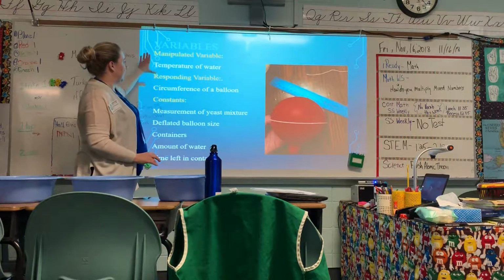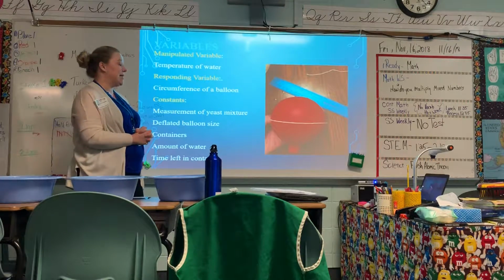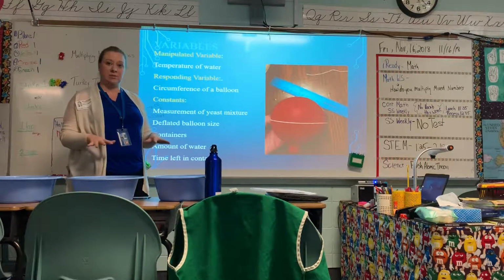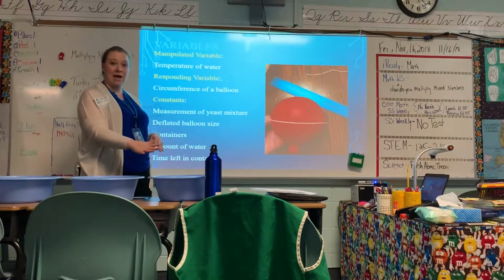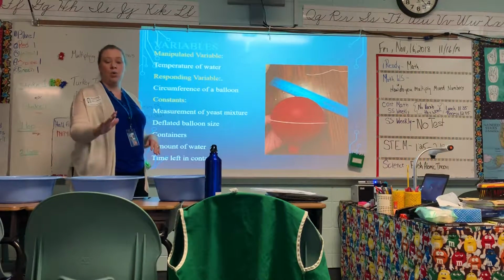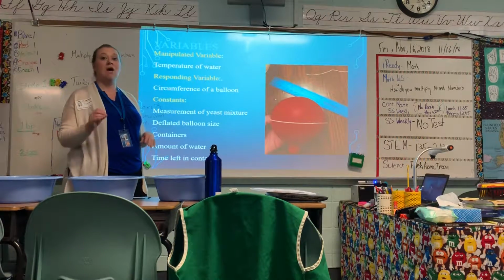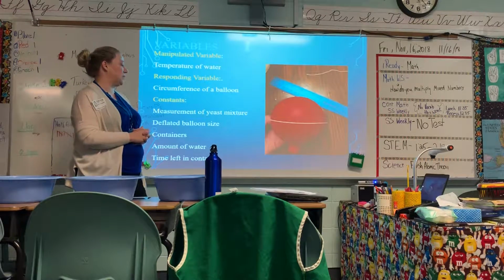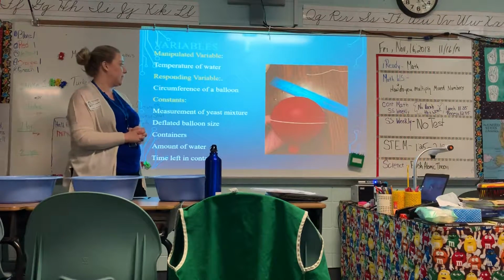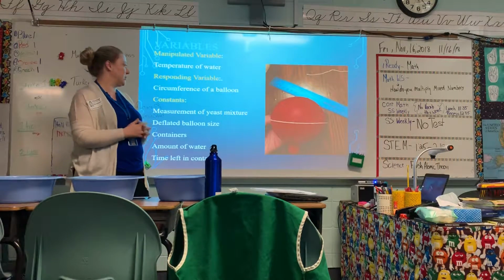And these were our variables. Our manipulated variable was the temperature of the water. That was the only thing that changed in this experiment. We had our bucket of ice cold water, our bucket of room temperature water, and a bucket of hot water. Our responding variable was the circumference of the balloon, which we measured in centimeters.